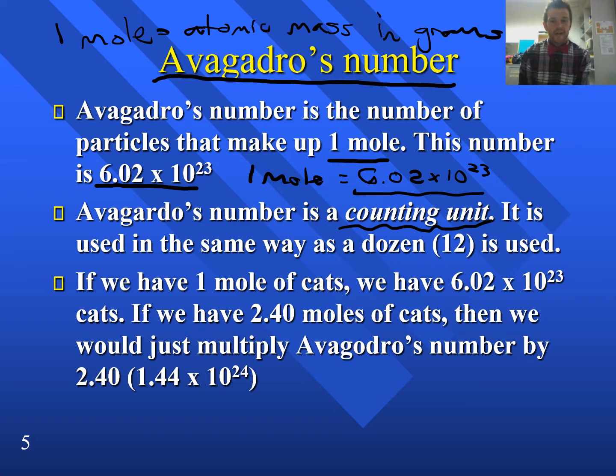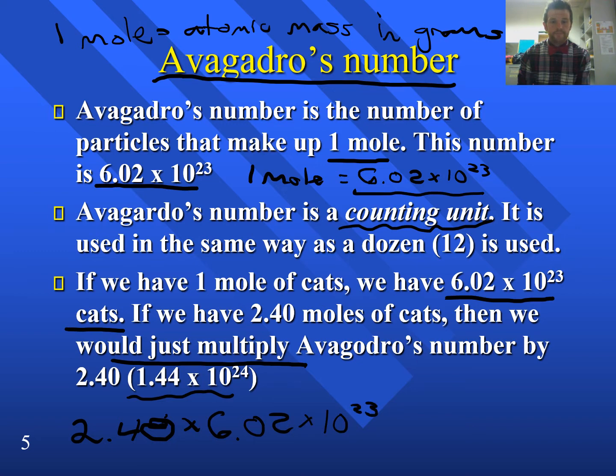So if we have a mole of cats, we have 6.02 times 10 to the 23rd cats. If we have 2.4 moles of cats, then we're just going to multiply Avogadro's number by that much. So it would really just be 2.40 times 6.02 times 10 to the 23rd.